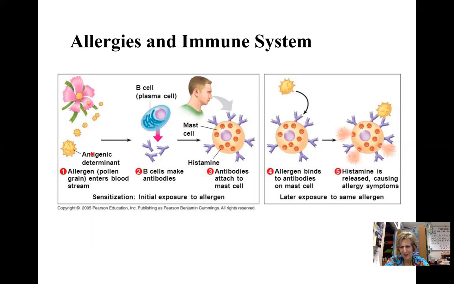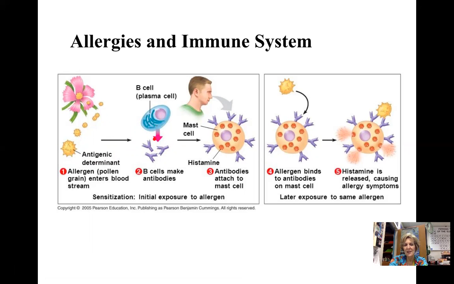Pollen is not a pathogen. But sometimes, and we don't exactly know all the ins and outs of why this happens, we do know that there is a genetic component, there are things that are not pathogens that sensitize our immune system to make it respond like it is a pathogen. So here is an example of pollen.